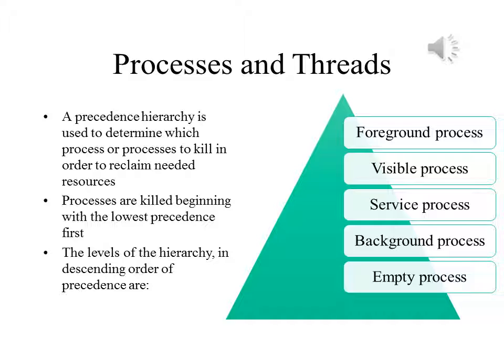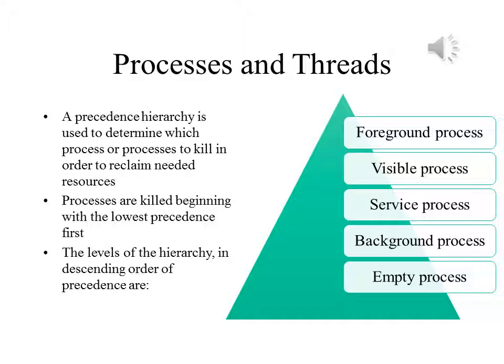Foreground process: a process that is required for what the user is currently doing. More than one process at a time can be a foreground process. For example, both the process that hosts the activity that the user is interacting with (activity in resumed state) and the process that hosts a service that is bound to the activity that the user is interacting with are foreground processes.